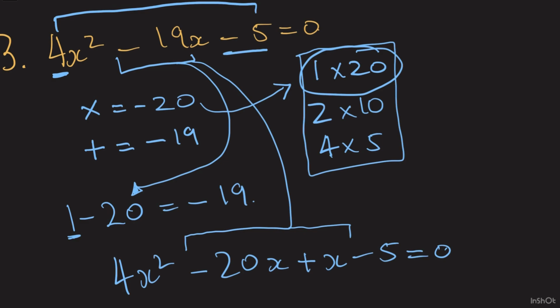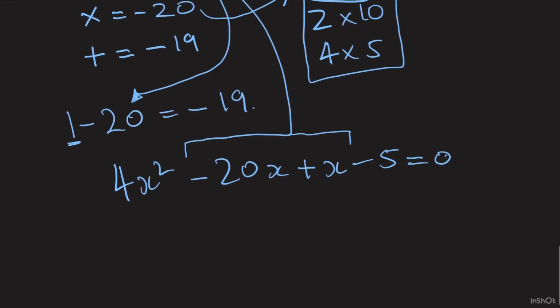Perfect. So the way I've paired these numbers is because 20 goes into the 5 times table and the 4 times table, I wanted the 4x and the 20x to be together, and I wanted the x and the minus 5 to be together in this case.